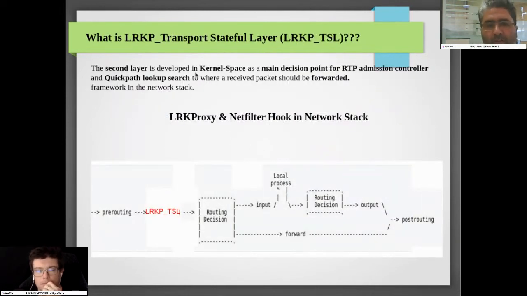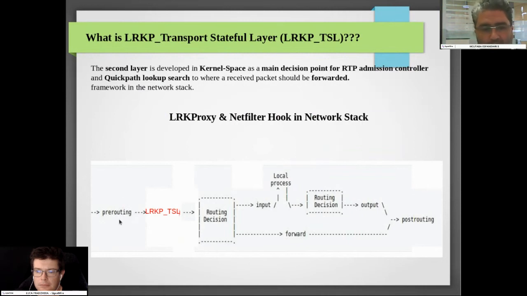The second layer is developed in kernel space as the main decision point for RTP admission control and quick path lookup, to search where a received packet should be forwarded. Let's talk a bit about the netfilter hooks. We have 5 netfilter hooks in the network stack.